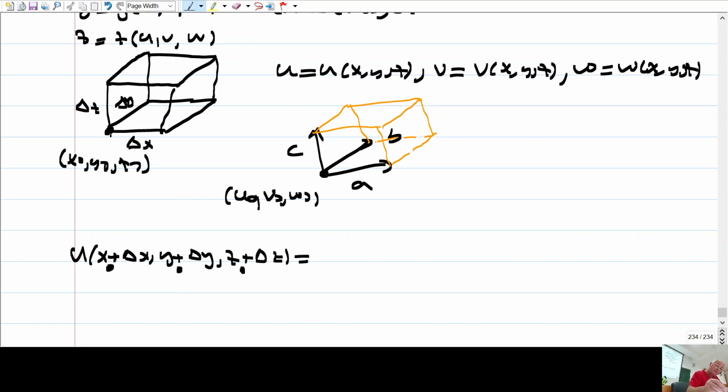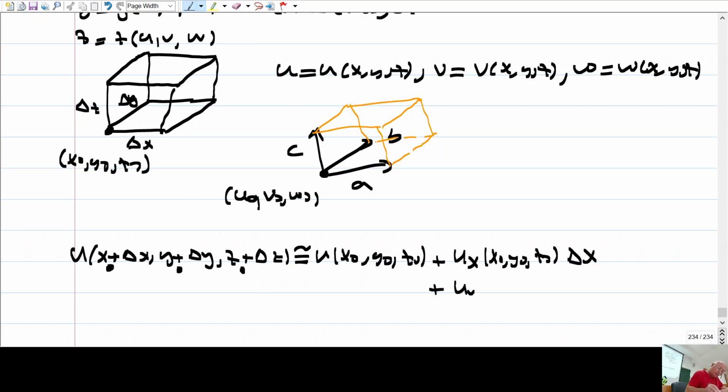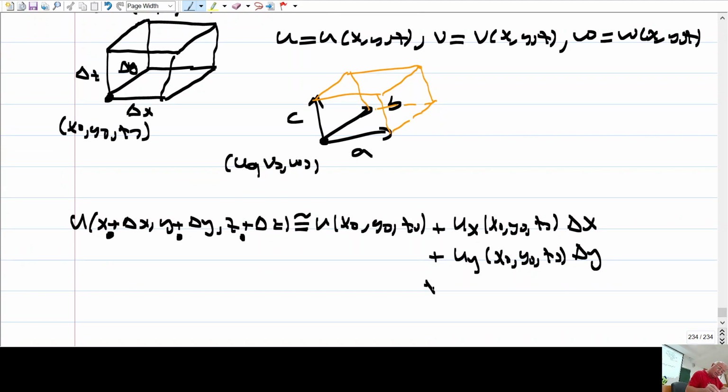I move a little bit from this point in x, y, and z directions. What is the result? Well, this is approximately u of x0, y0, z0 plus u sub x at x0, y0, z0 times delta x, plus u sub y at x0, y0, z0 times delta y, plus u sub z at x0, y0, z0 times delta z.